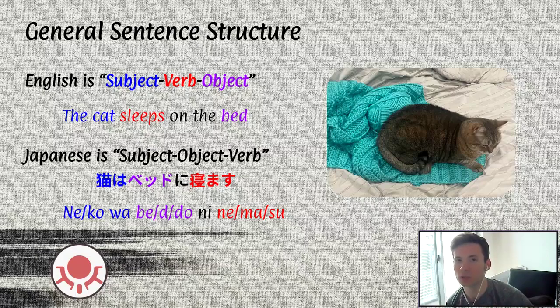In English, we have a subject, verb, object, or SVO order. What does that mean? Maybe you were falling asleep in English class in high school, or maybe you didn't pay attention. Well, let's review it now. The subject of a sentence is what the sentence is about, or the main purpose, doer, user of the sentence.